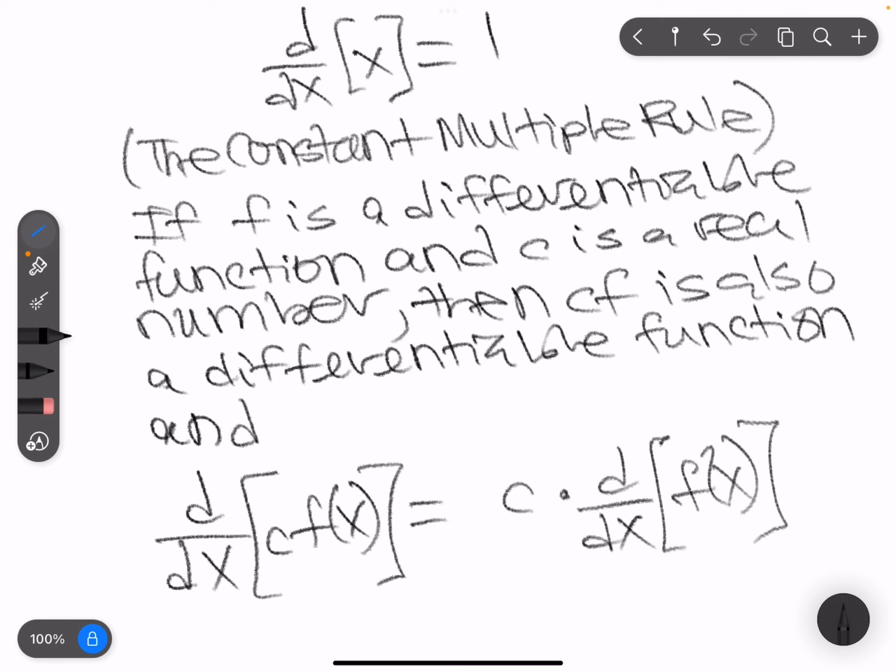Wonderful. So we can simply multiply by the constant whenever we're differentiating.